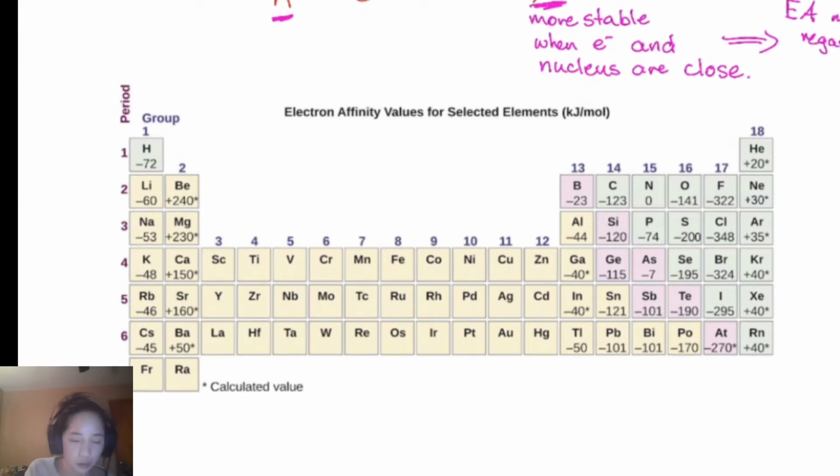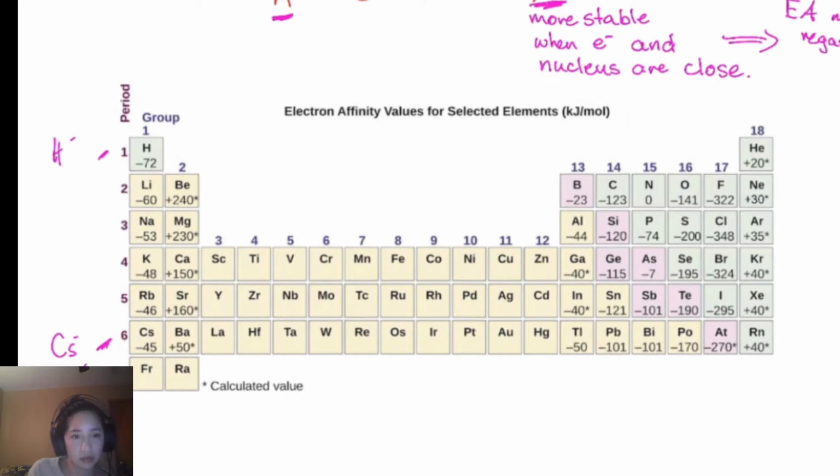If we just look at group 1, hydrogen. If we want to make an H minus ion, we would be adding an electron to the 1s shell. So that's as close as that electron can be to the nucleus, essentially. Versus if we look at cesium, if we add an electron to make a cesium minus, we would be adding it to a 6s shell.